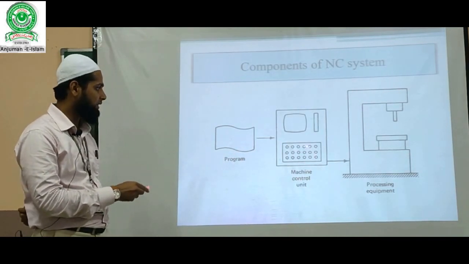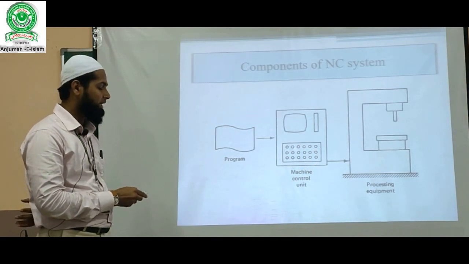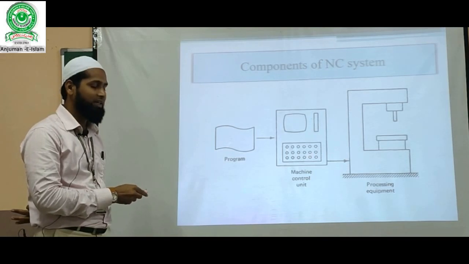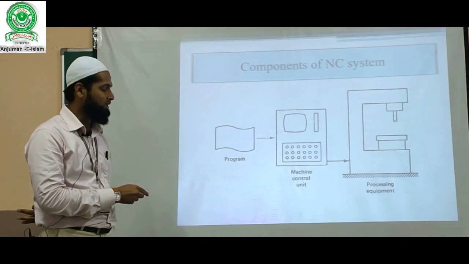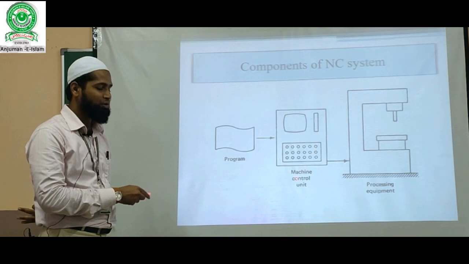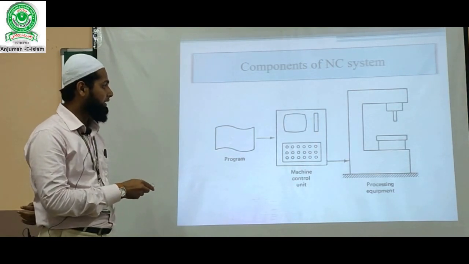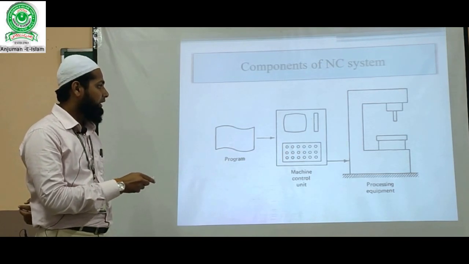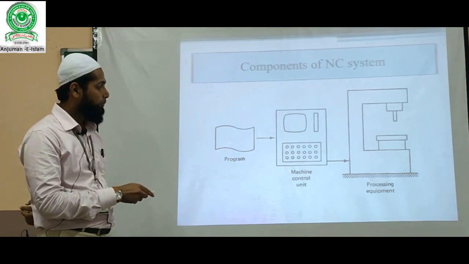It consists of subunits such as tape reader, buffer storage system, DPU, which means data processing unit, and signal output channel, etc. Then the other component is the processing equipment.